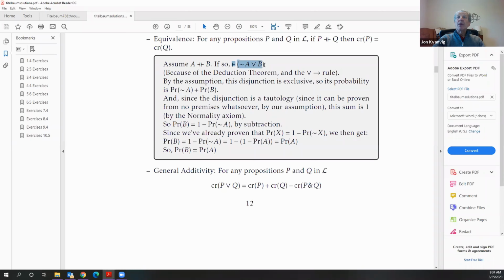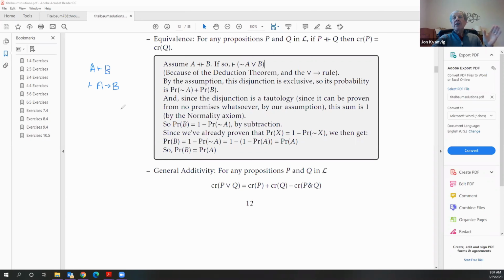it will be a theorem that not A or B is true. Now, let me explain why that's true. I say because of the deduction theorem and the wedge arrow rule. So let's see why that's true. The deduction theorem says if you can prove B on the basis of A, then A arrow B is a theorem, provable from no premises whatsoever.